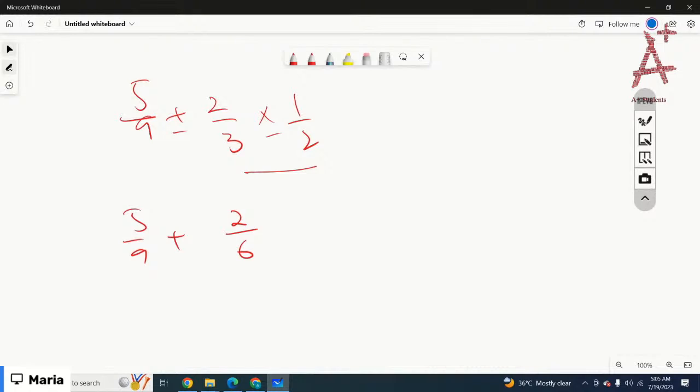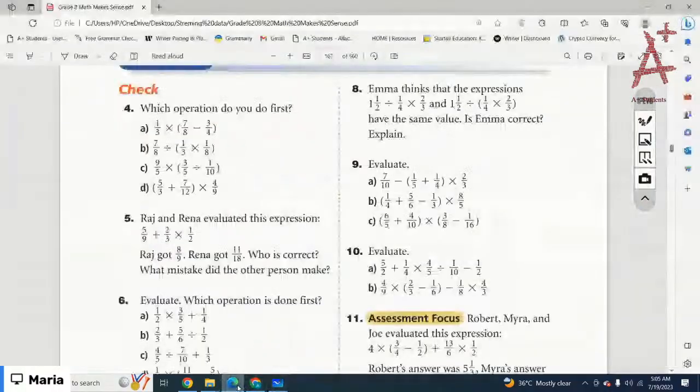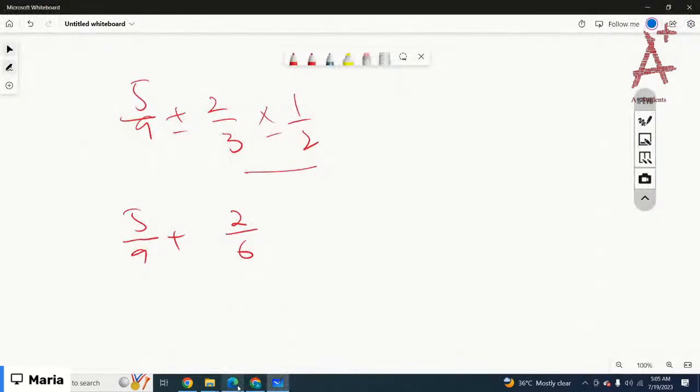add. We first have to make their denominators the same. 9 and 6. The common denominator is 18. Got it? It would be 9 times 2 is 18.